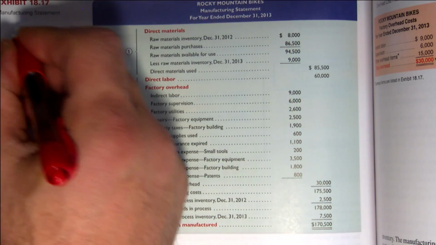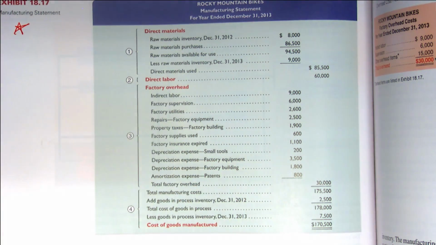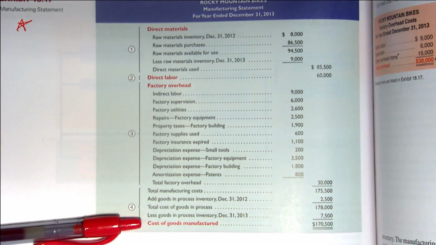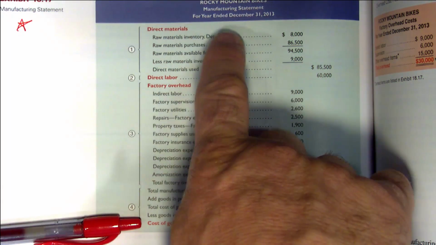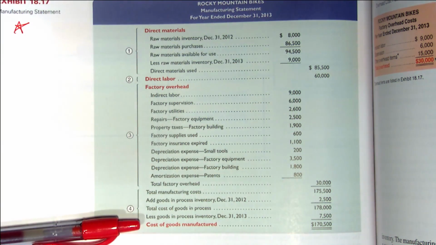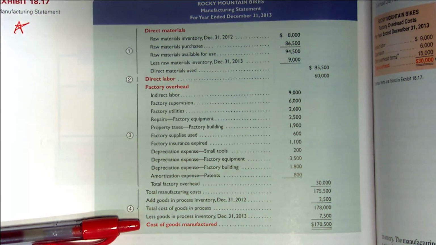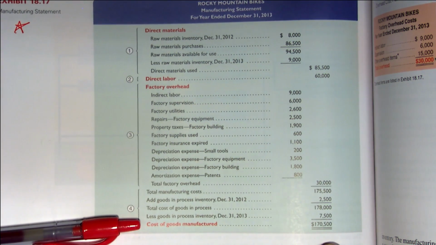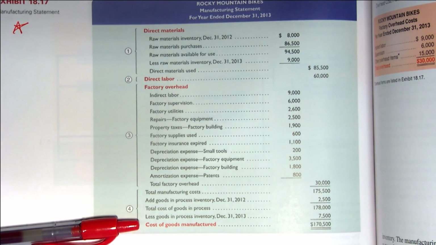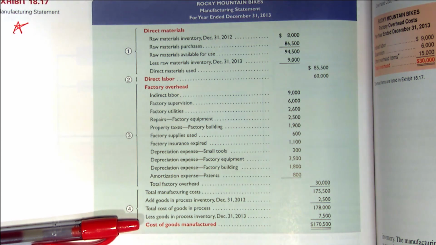Lots of stars today, right? Look at the bottom line here, it is cost of goods manufactured, right? This is what is called a manufacturing statement, or sometimes we call that the cost of goods manufactured statement, okay? And it is how we arrive at this item of cost of goods manufactured. Now, you'll have to prepare one of these on your test, so I want to make sure you understand here.